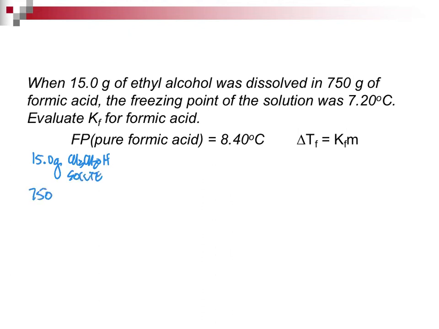We have 750 grams of formic acid, which, since it is the larger number, it is our solvent. And it says to us the freezing point of the solution was 7.20 degrees centigrade. It gives us the freezing point of formic acid to be 8.40 degrees centigrade.